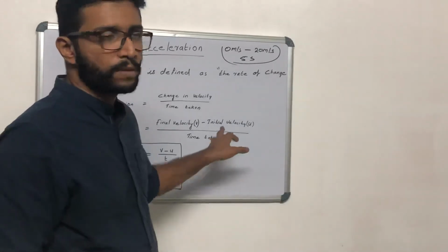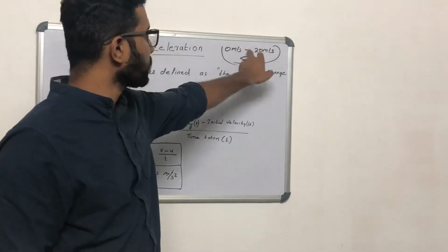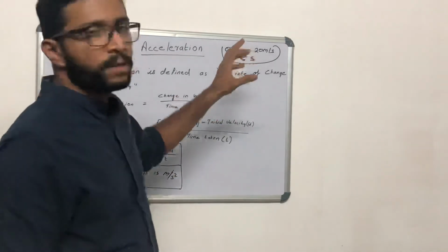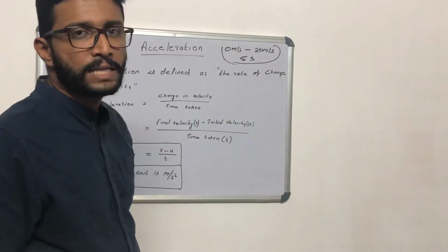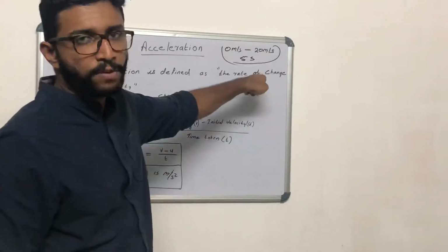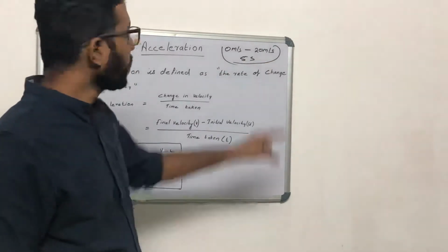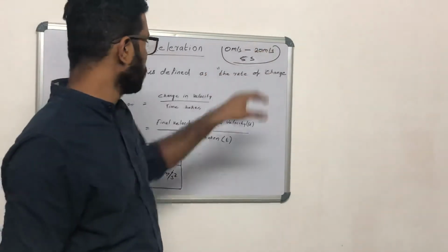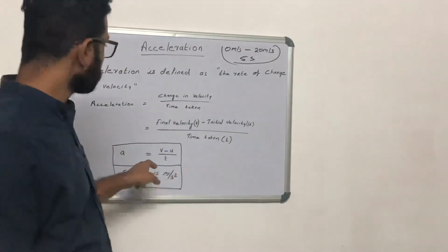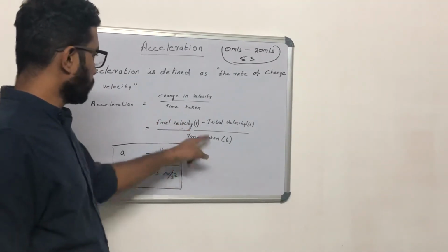Now here, the body has changed from 0 meter per second to 20 meter per second in 5 seconds, so what is the initial velocity? Initial velocity is 0 meter per second, and the final velocity is 20 meter per second. So we apply this in the equation: acceleration is equal to final velocity minus initial velocity divided by time taken.